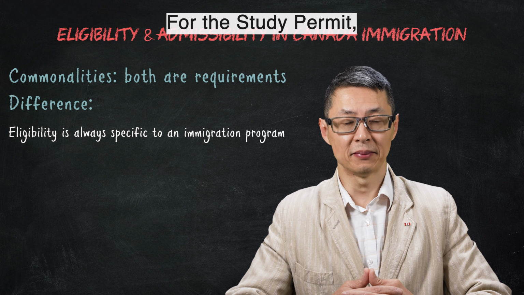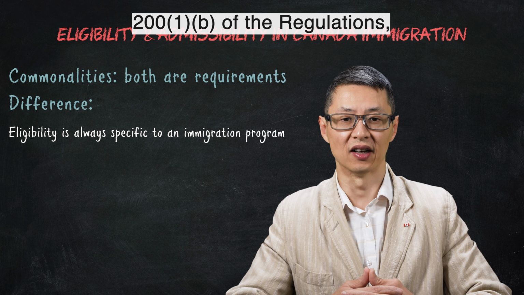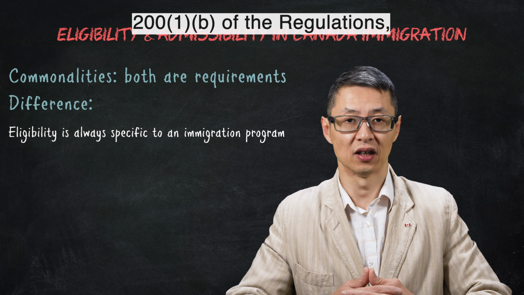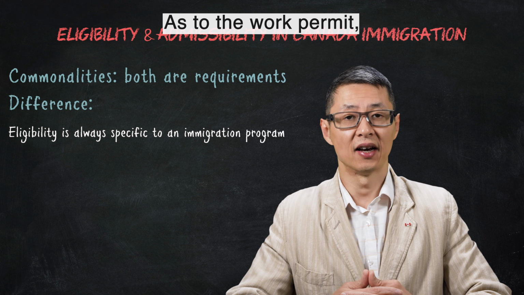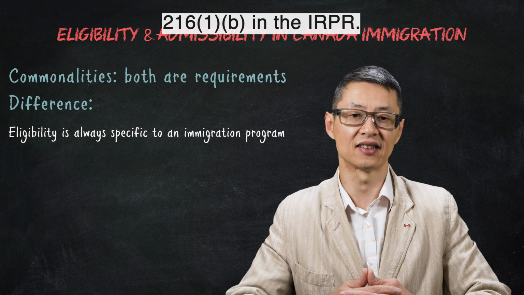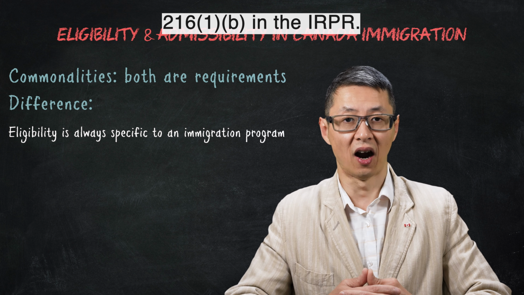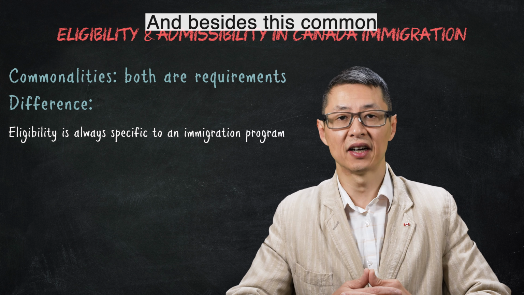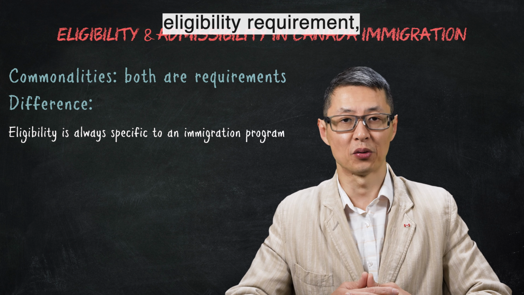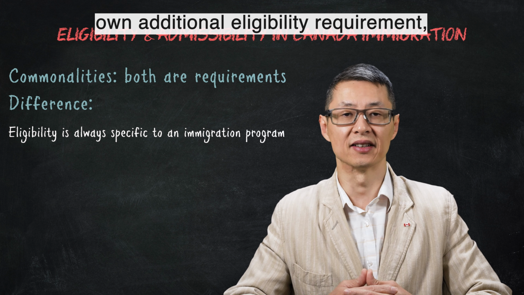For the study permit, this is stipulated in paragraph 200(1)(b) of the regulations. As to the work permit, this is stipulated in paragraph 216(1)(b) of the IRPR. And besides this common eligibility requirement, each program has its own additional eligibility requirements.